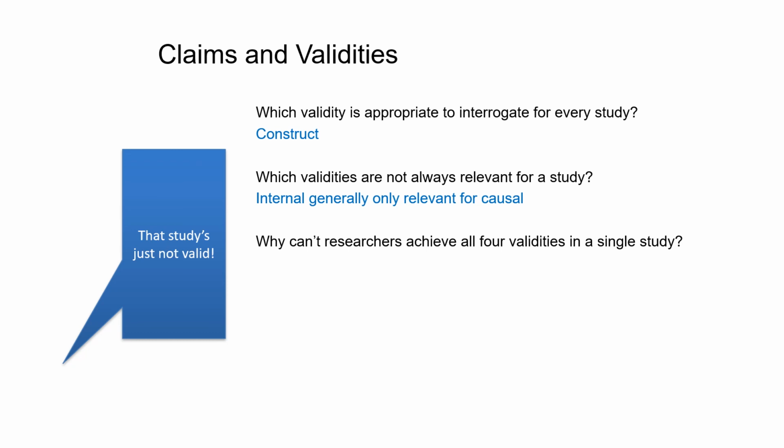Why can't researchers achieve all 4 validities in a single study? It's impossible to achieve perfect validity in all 4 validities. Why? Because there's trade-offs. Some validities cause an increase in some validities, and a decrease in other validities, which gets us to the next question: which 2 validities are the most often traded off?